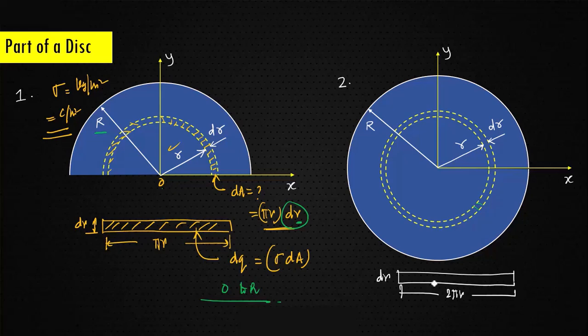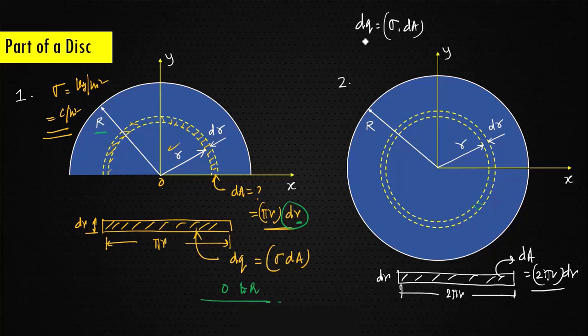So the area of this ring element, dA, should be equal to 2 pi r into dr. Once I have dA, you can calculate dq also. Same logic: dq should be equal to sigma into dA.